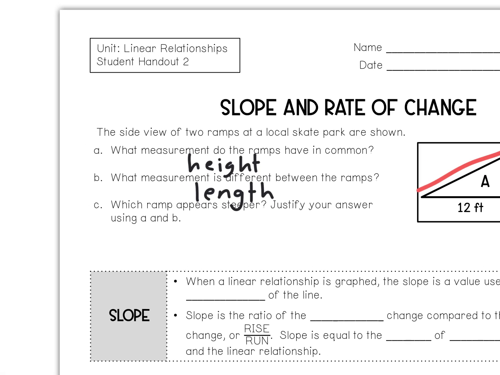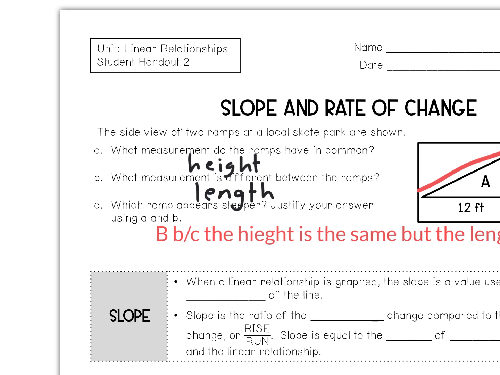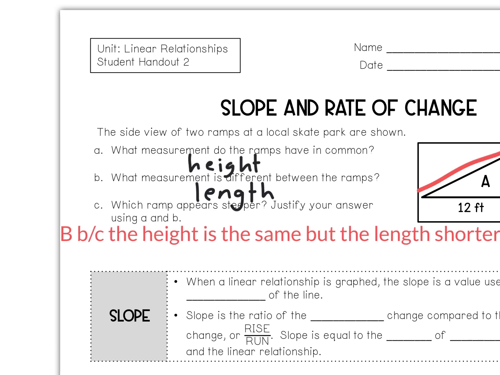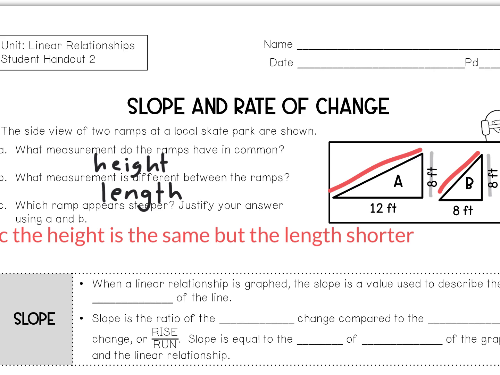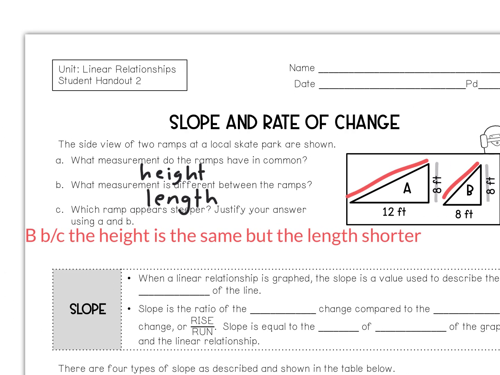B. Because the height is the same, but the length is shorter. So that makes it look steeper.